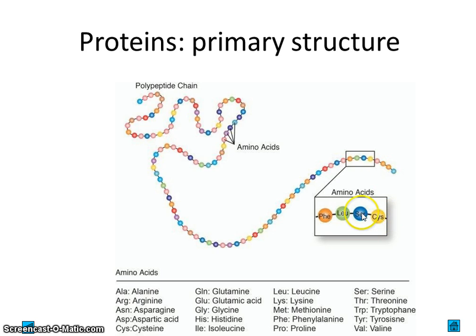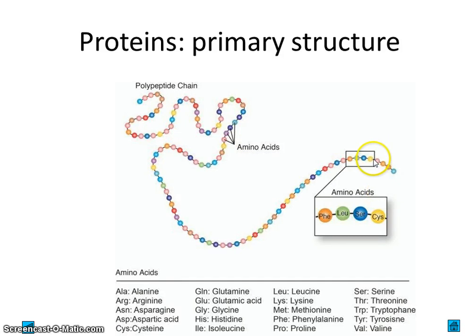And it's that sequence of amino acids which is known as the primary structure. So this long line of amino acids forms a primary structure. The sequence of amino acids, therefore, is identical to the idea of primary structure.